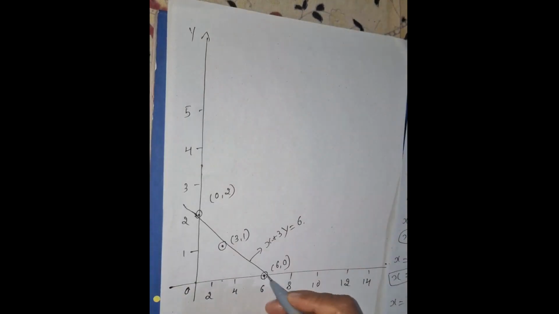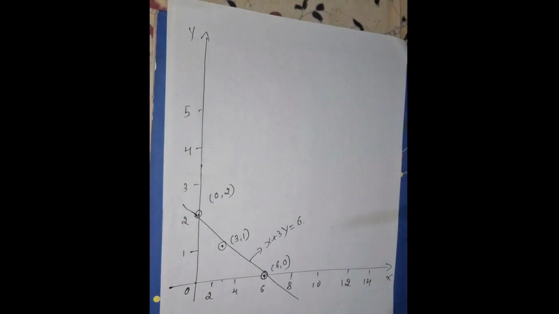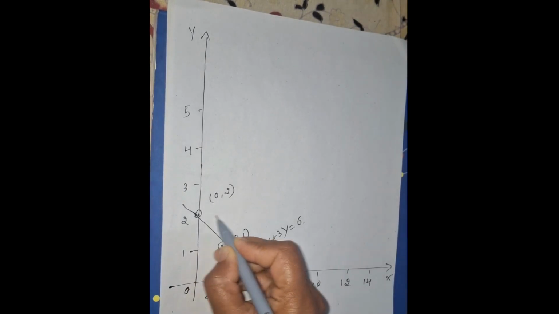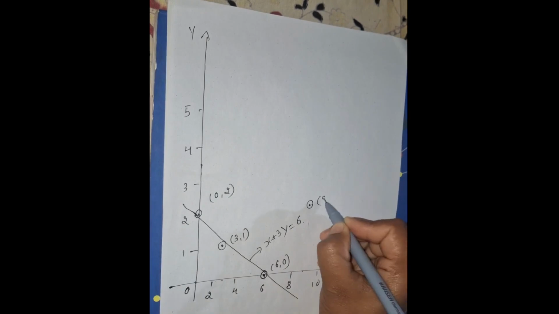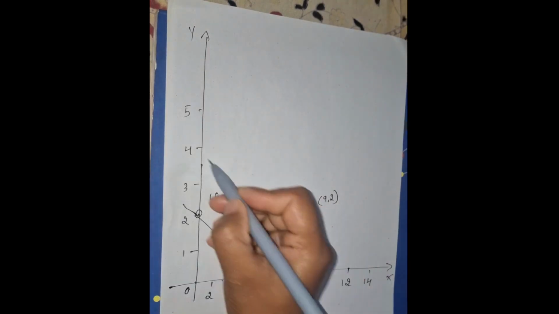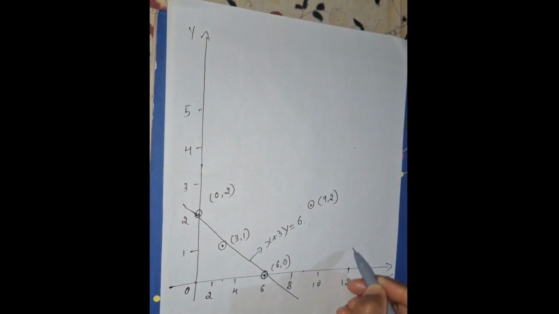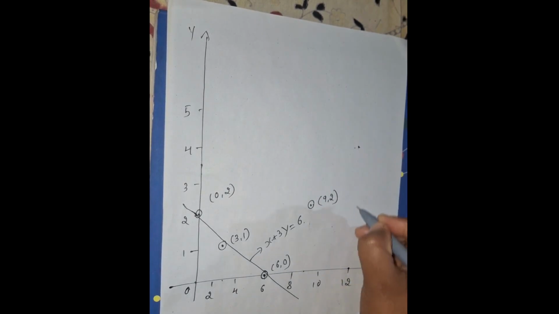Then plot the second equation. x equal to 6, y equal to 0, the same point. When the two equations have a same point, it means they are intersecting lines. We understand this is an intersecting line. Then we plot the second point, 9 comma 2, and then 12 comma 4. x equal to 12, y equal to 4.